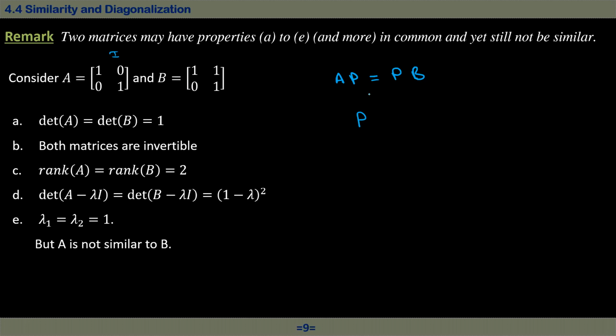If you multiply both sides by P inverse, we have P inverse times A equals B. On the left-hand side, what we have is I, and on the right we have B. Whatever you substitute here, we have an equation which is not true, because the identity matrix is not equal to matrix B here.